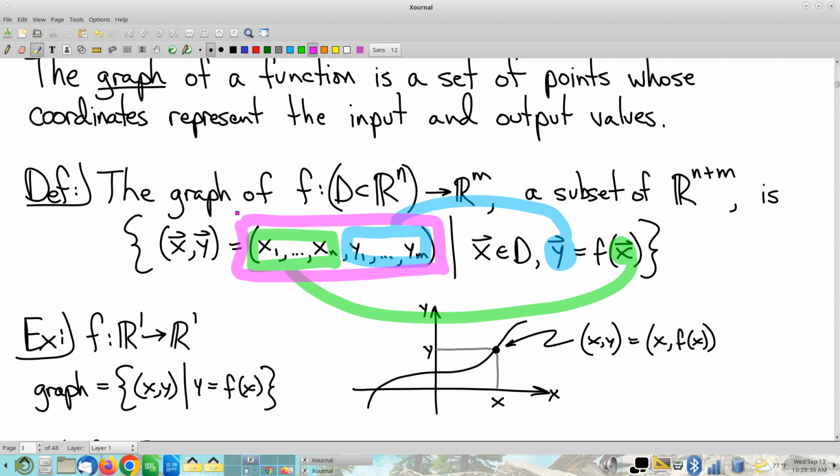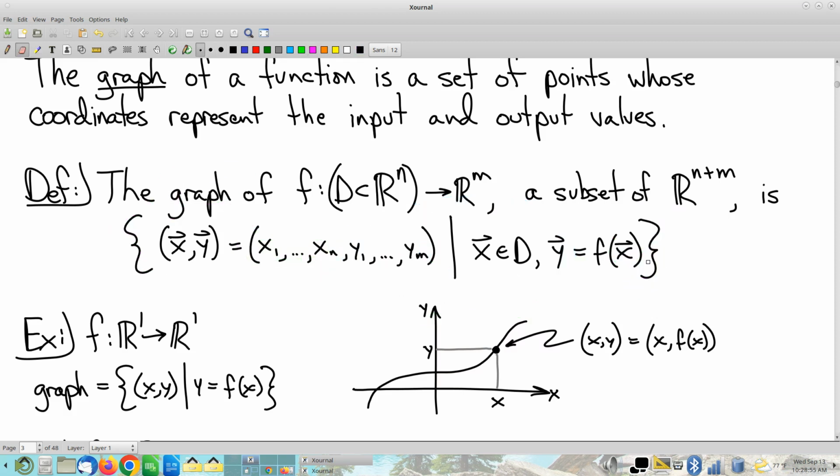Of coordinates. So input coordinates and output coordinates, both in the same point. And the collection of all of these is called the graph of that function. All right? This is familiar, perhaps.